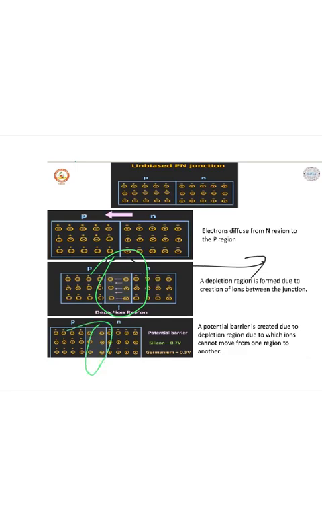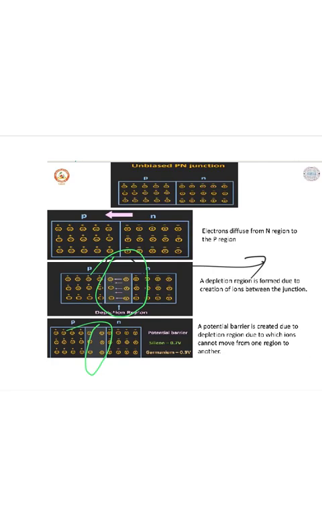First thing you need to remember is what happens when P and N type materials are added together. As P-type has holes as majority charge carrier and N-type has electrons, when they are combined they diffuse. A depletion region is created and that creates a potential barrier.